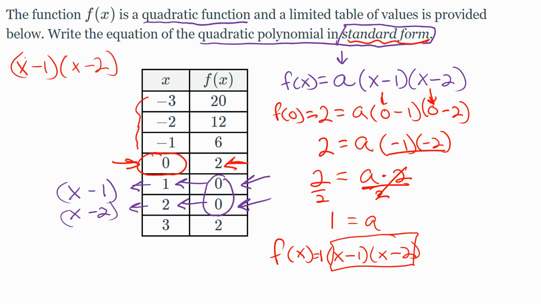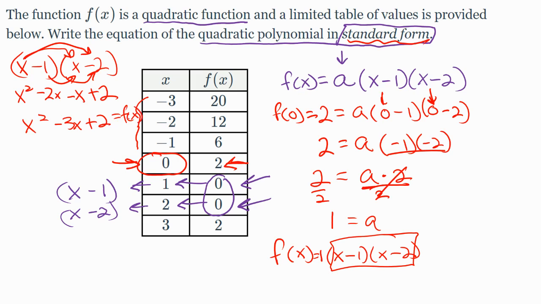Double distribute, FOIL, whatever you call it: x squared, negative 2x, minus x, plus 2. And so I get x squared minus 3x plus 2, which is my function in standard form. That matches this table.